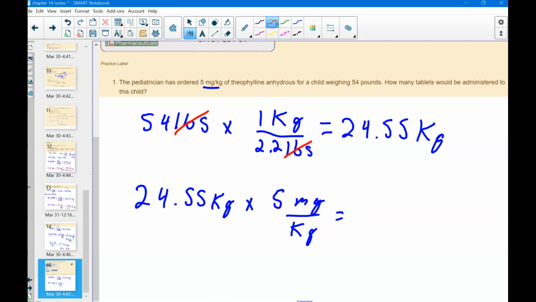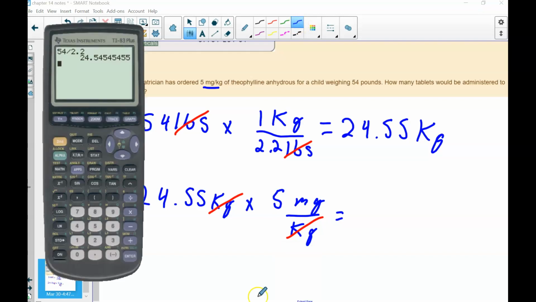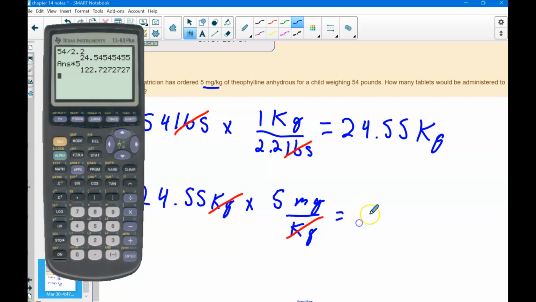You see, it's easy to see now how the kilograms cancel. And it's going to be that number here multiplied by 5. It's going to be 122.73 milligrams.